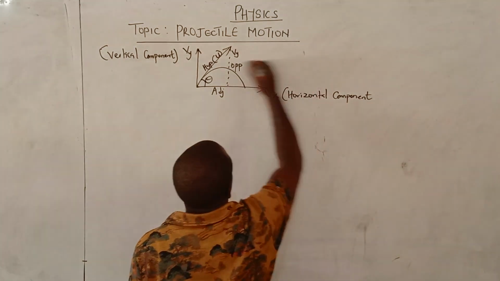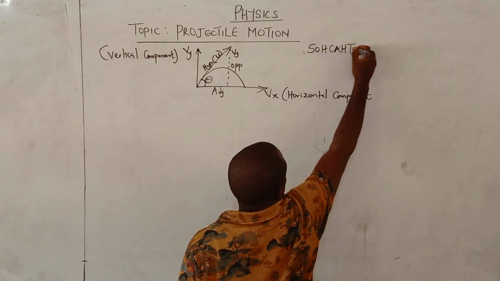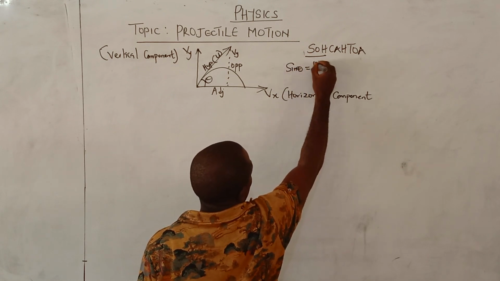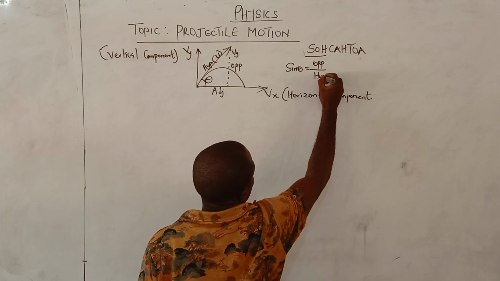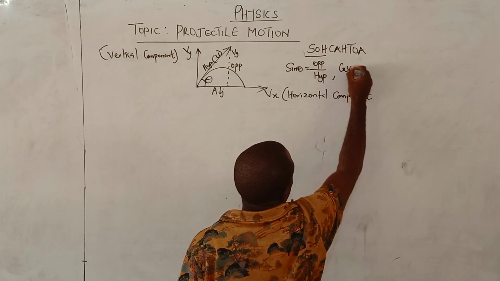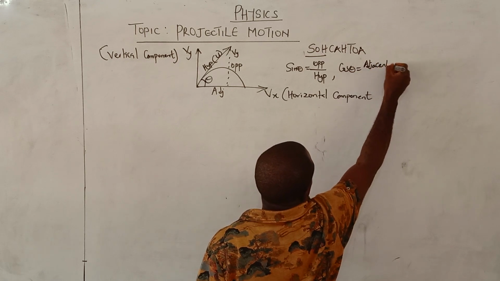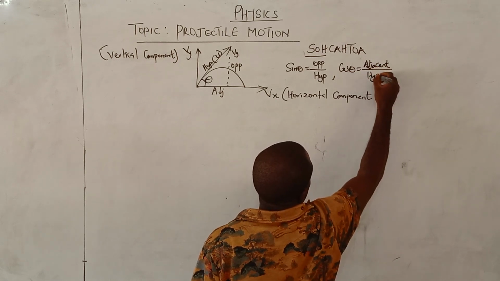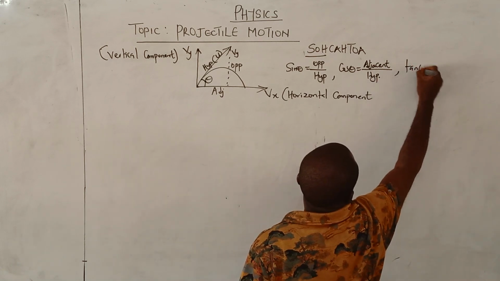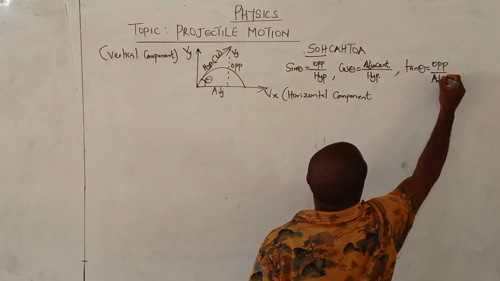Now let's see, for this we have SOH CAH TOA. This means sine theta equals opposite over hypotenuse, and cos theta equals adjacent over hypotenuse, and then tan theta equals opposite over adjacent.